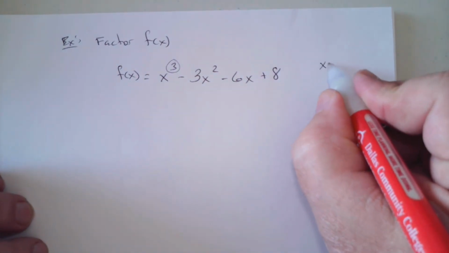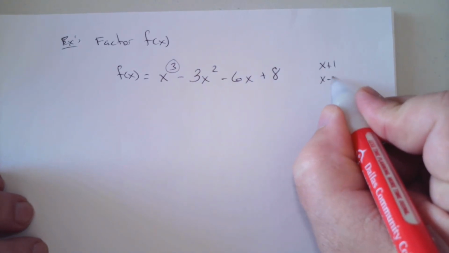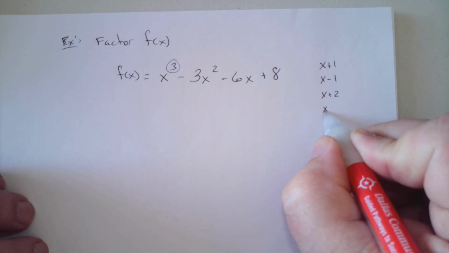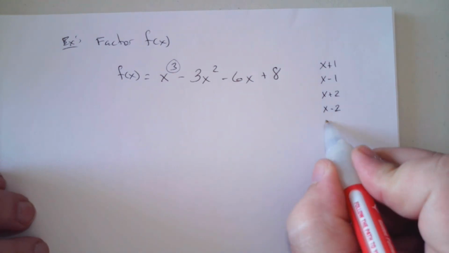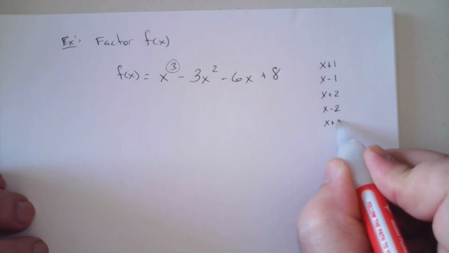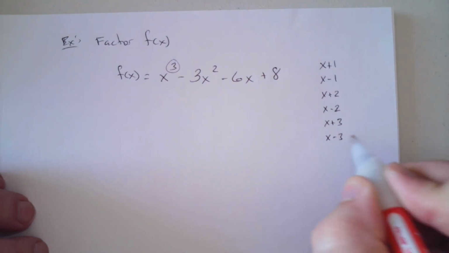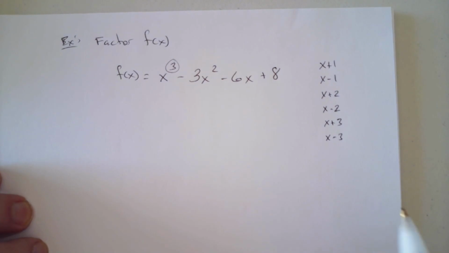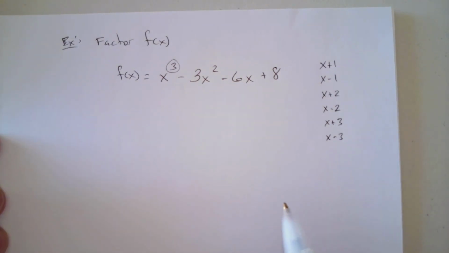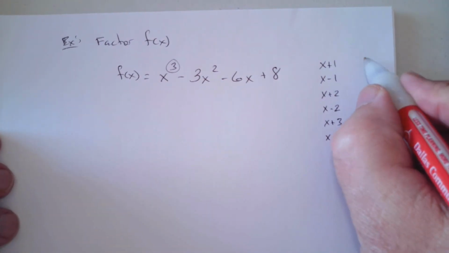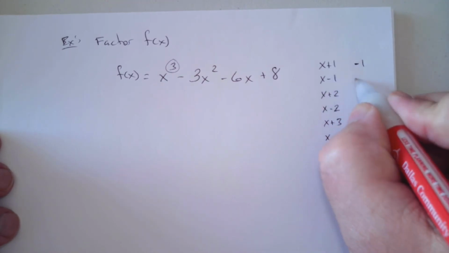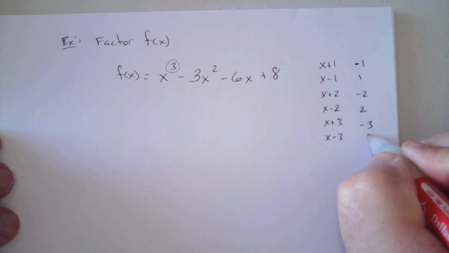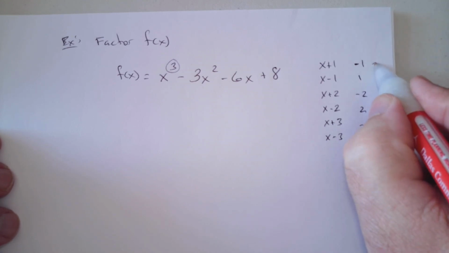Remember, we can start off by doing division with all of these until we find one, and then once we find one, it'll be a quadratic equation, or we can just plug in those values and see if we get a 0.